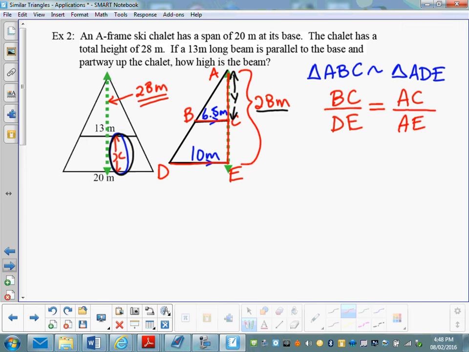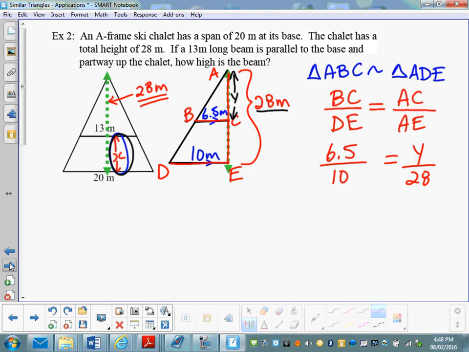And this will make a lot more sense once we plug things in, because we get 6.5 for BC, we get 10 for DE, we get Y, because we don't know what AC is, and AE is that whole side, and that's where the 28 comes in.